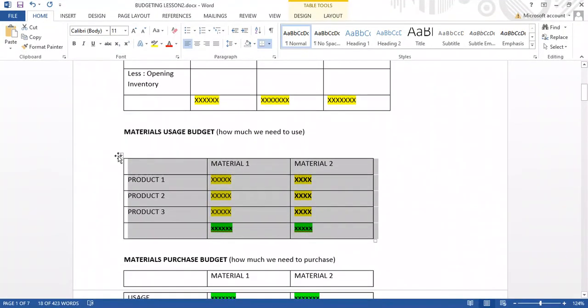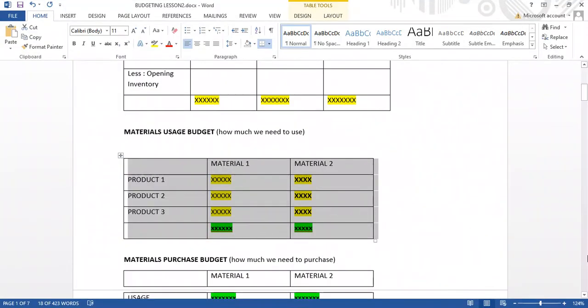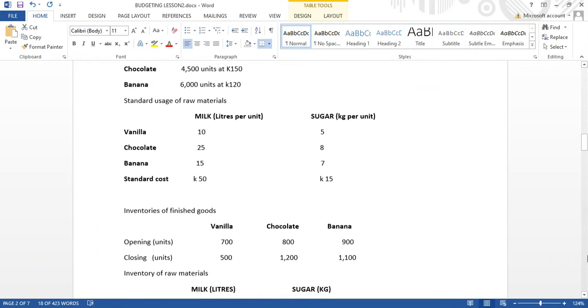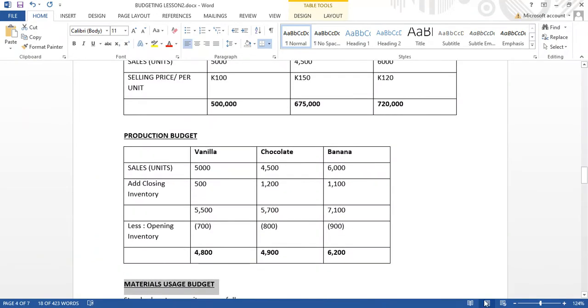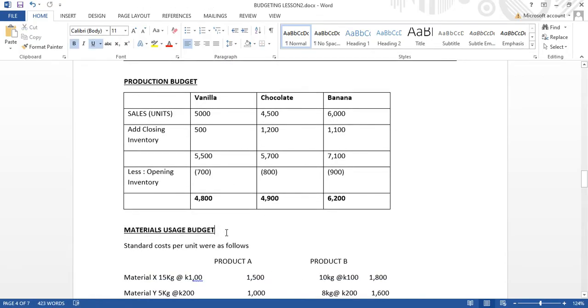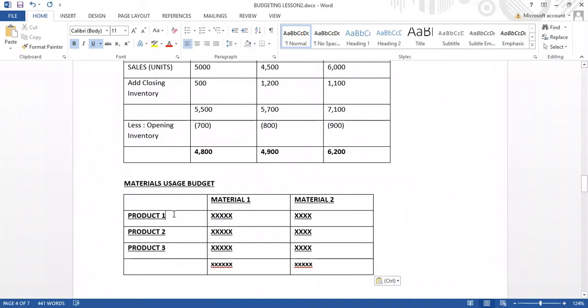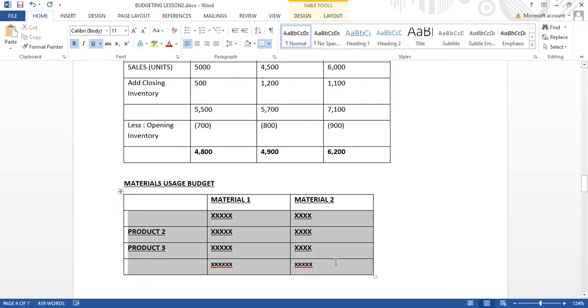Let me get this. Right. So product one, we have vanilla. Let's change everything here.